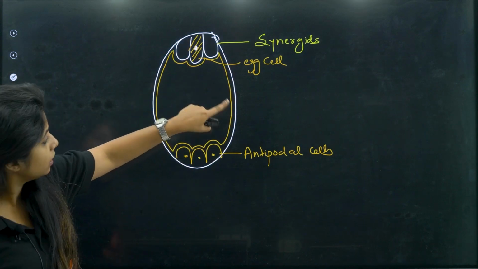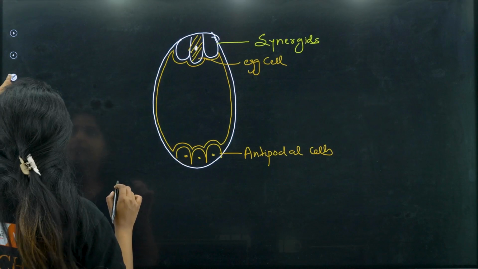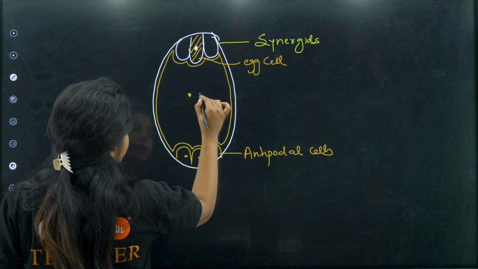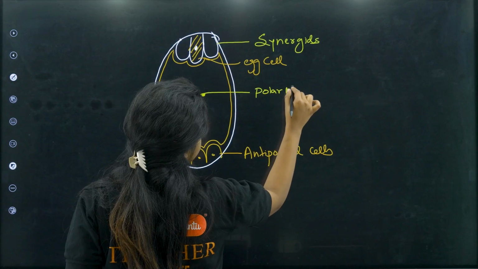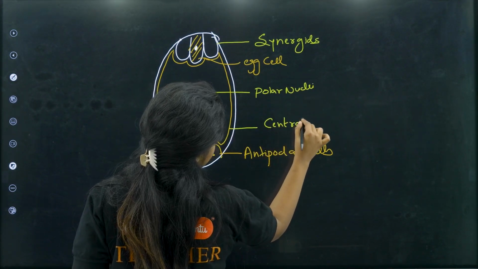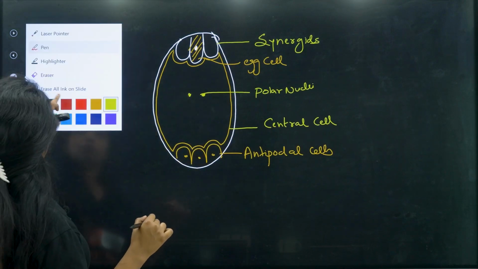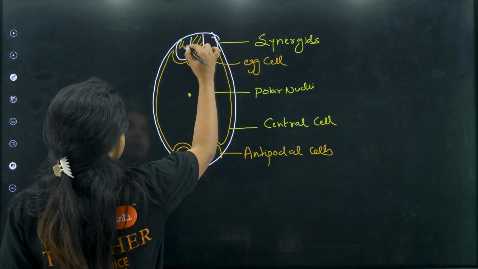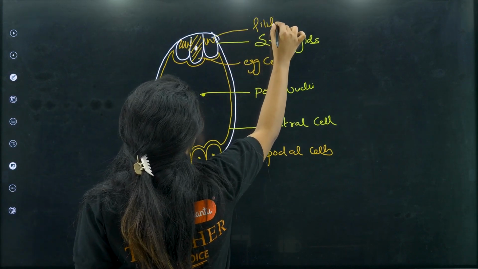This whole thing that you see, guarded by yellow color, is the central cell, and the central cell has 2 polar nuclei. Now, the synergids have something like this, known as the filiform apparatus.